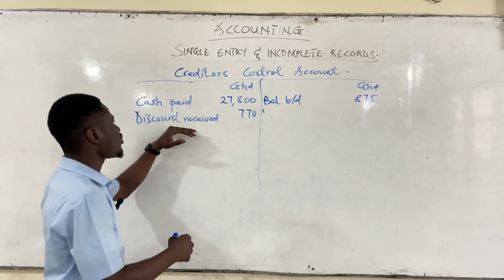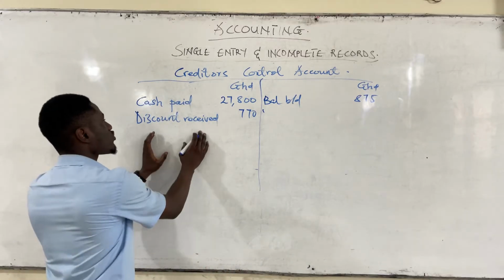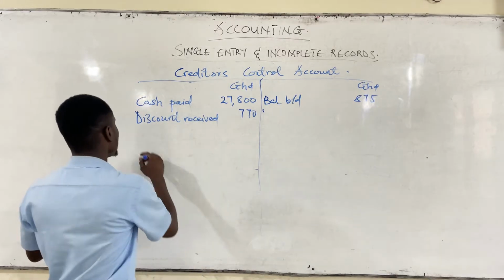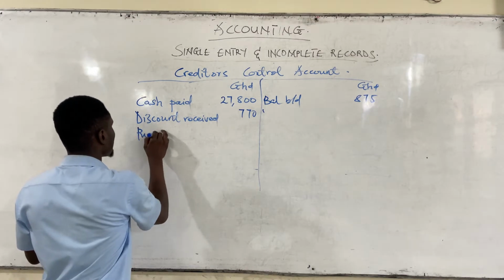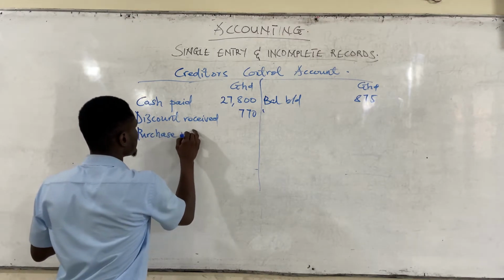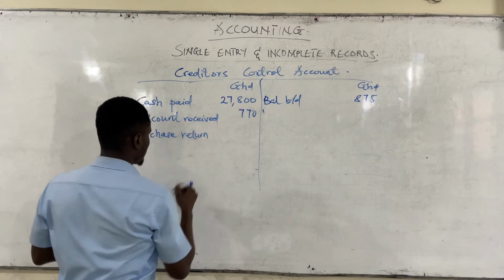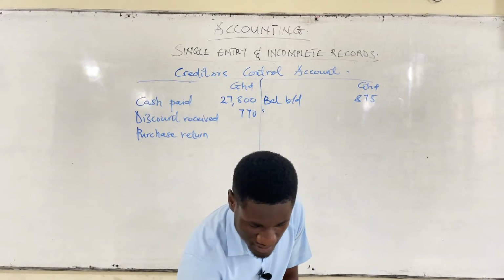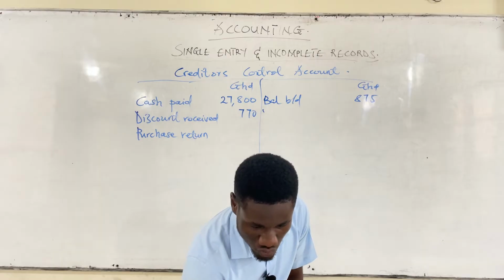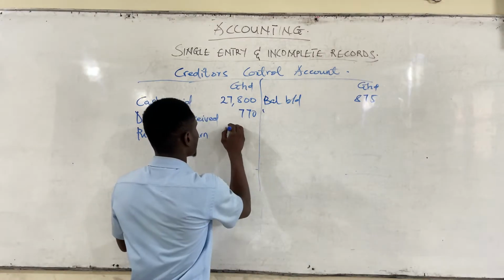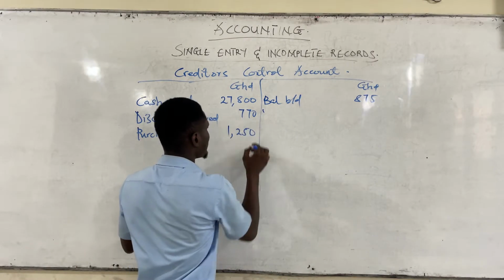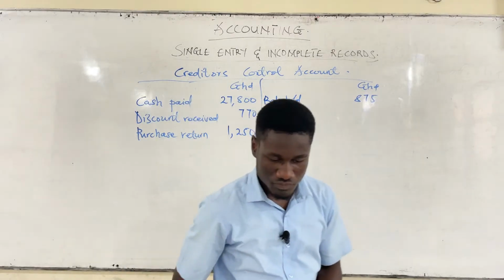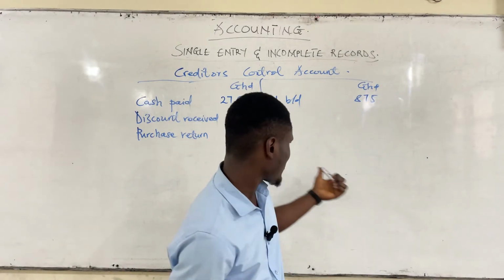If the amount we owe you has reduced, then we have to record it at the debit side. So the purchase returns is going to be recorded here. So we have our purchase returns here, and the amount for purchase returns is 1,250. Good. So now we'll check for our balance.